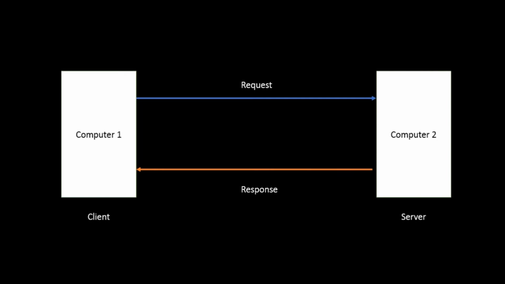And this is exactly what happens when you type a URL in a browser and hit enter. So suppose you type google.com in your browser and hit enter. Your browser sends a request to Google's server, and then the server responds with an HTML page. Well, of course, not just an HTML page.